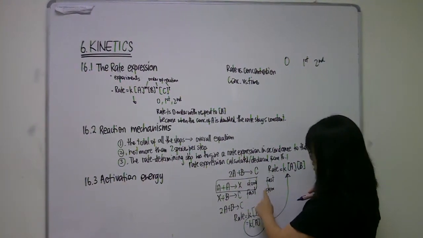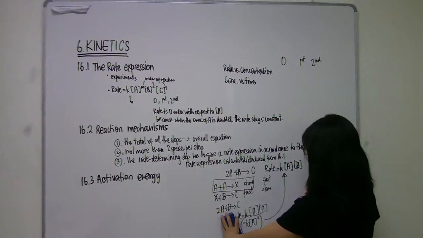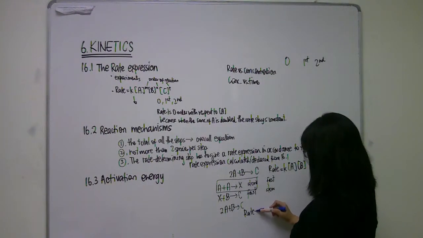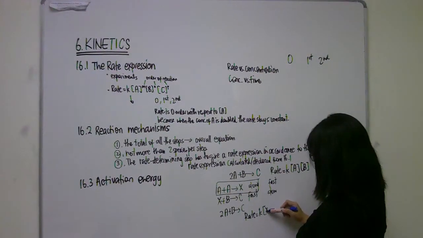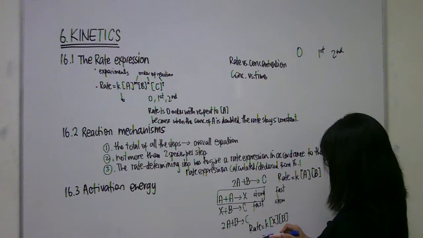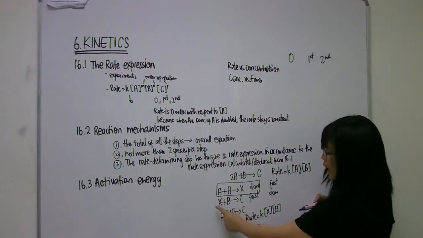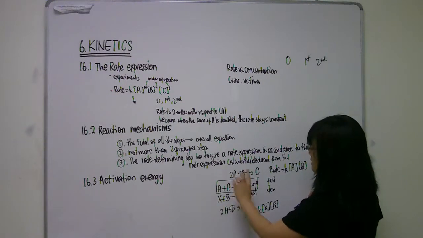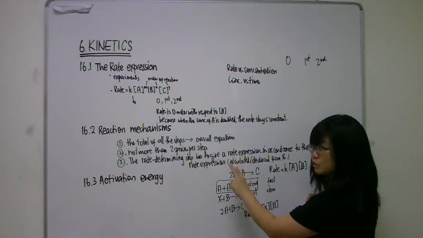So now, if this is the slower step, then my rate should be x and b. But again, be careful, our x doesn't come out here, so we have to see whether x depends on anything else, and we know that x depends on the two a's.